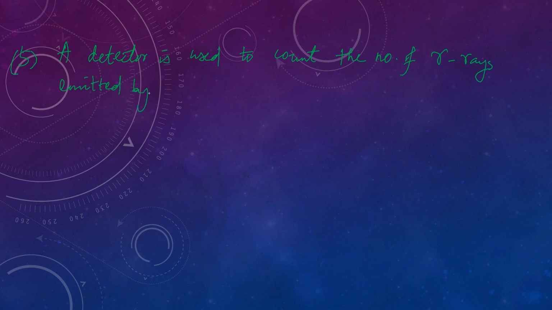Next, write a question. Question number 5, I think. A detector is used to count the number of gamma rays emitted by a radioactive source.